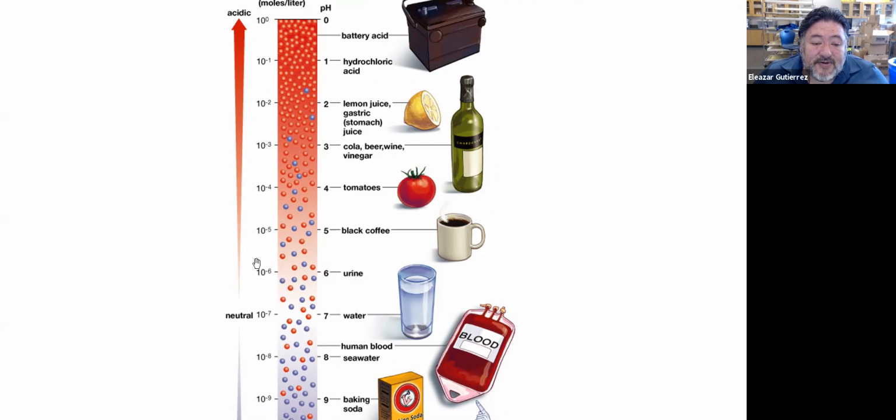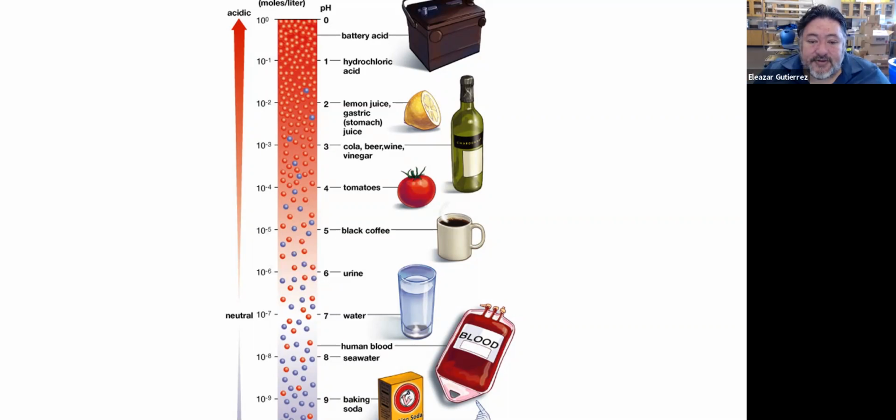For those of you who don't feel comfortable with this math, what this is telling you is that a change in pH of 1 increases the acidity 10 times. So when you go from 6 to 5, you're not increasing the acidity once, you're increasing it 10 times.